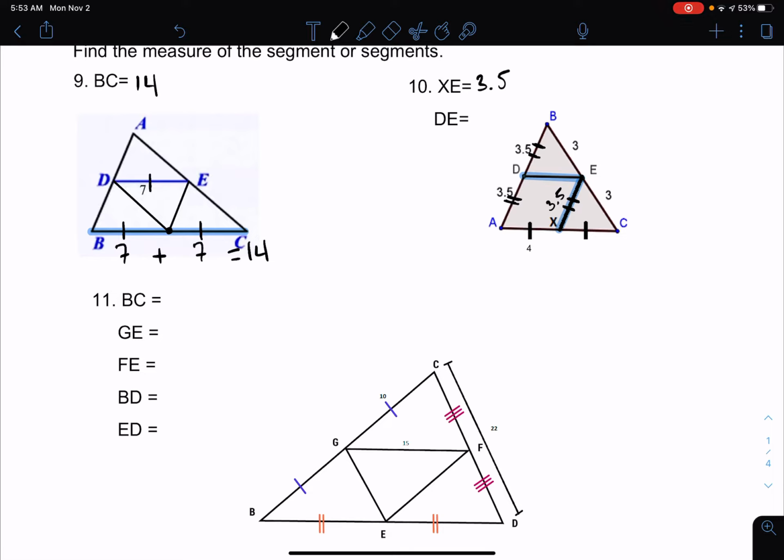Now, if this distance down here, let me highlight it, is 4, that means this one right here is also 4. And the line that's parallel to this one, parallel meaning it'll never touch, meaning it's just going the same direction, is this one here, which is D to E. So if this one's 4, then this one is also 4. So D to E is 4. And there you go. Simple as that.